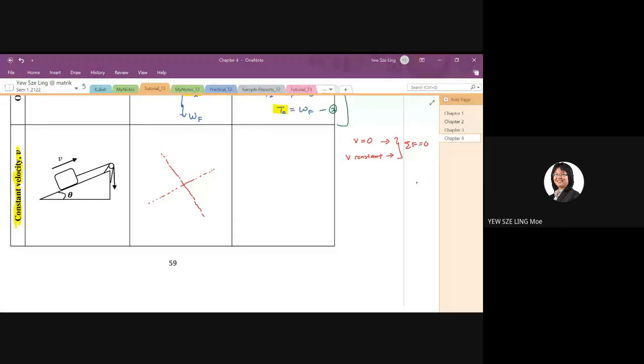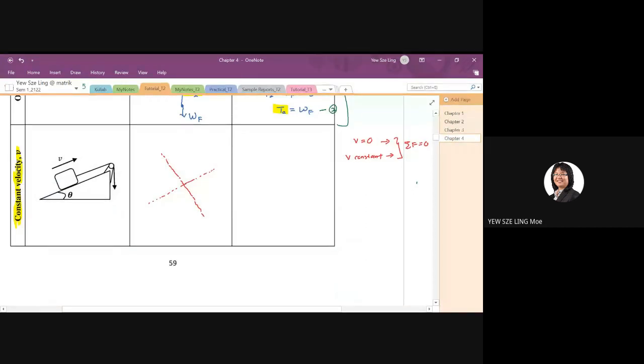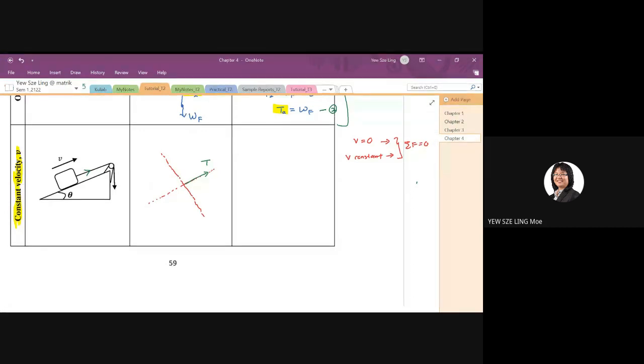Next, Wenchen gave me T going up. That is correct because you have a string, so you have a tension going up. And then you have a normal force that is perpendicular to the surface.